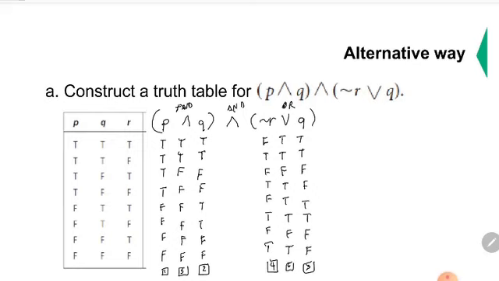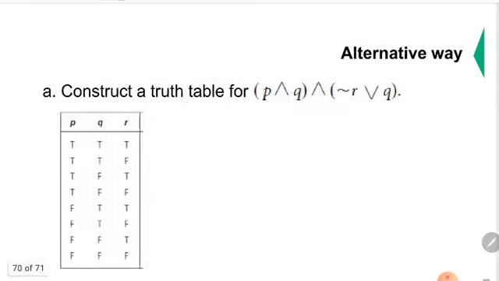Ito naman, or, basta may true sa dalawa, okay na. Number 6. Finally, number 7. I have to look at number 5 and number 6, and both of them has to be true. True and true. So false, the rest is false. Okay, this is my final answer. Did we get it?